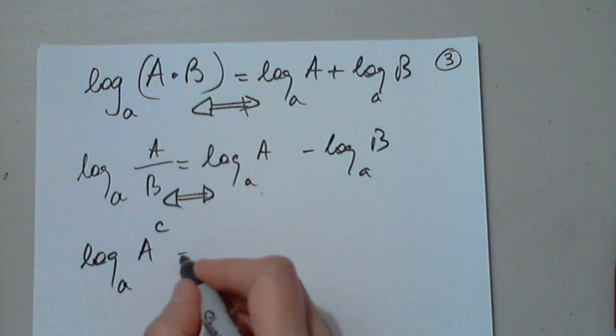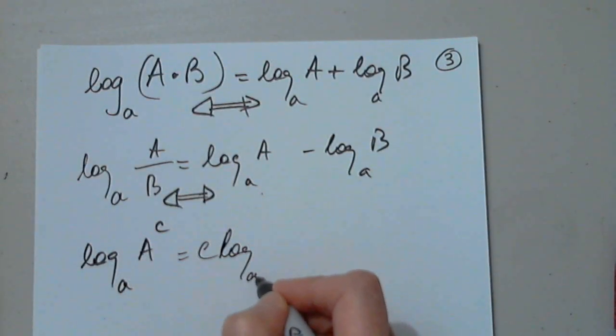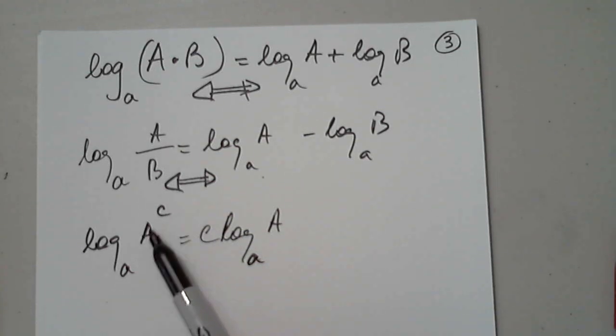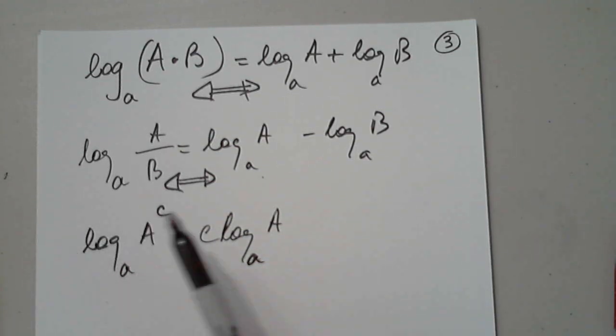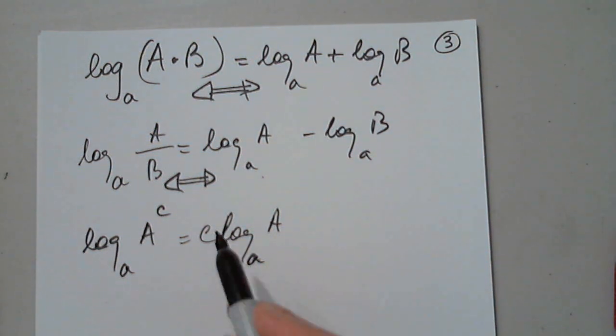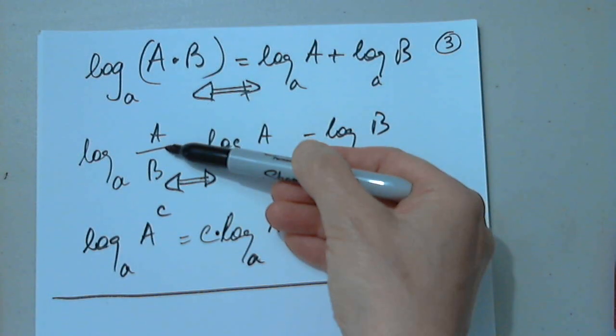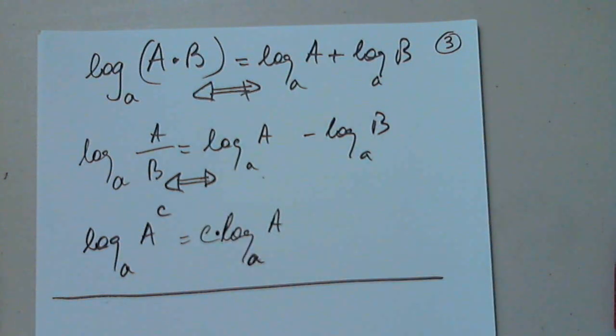The power goes in front as a factor. So if C is the power of A, C goes in front as a factor, meaning multiplied. Product rule, quotient rule, power rule.